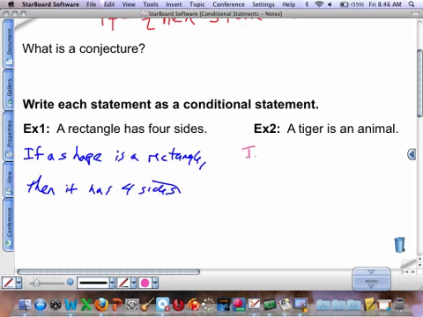If it is a tiger, then it is an animal. Do we agree with that? Yeah. Does that fit? Alright, so writing if-then statements, big deal, difficult?